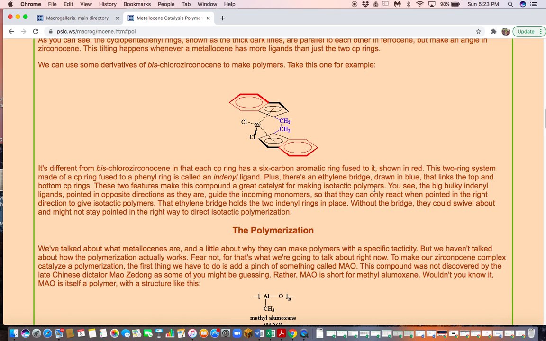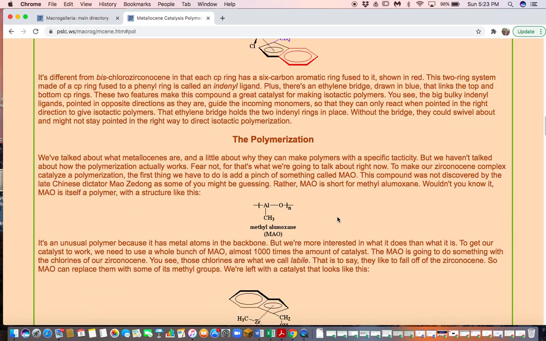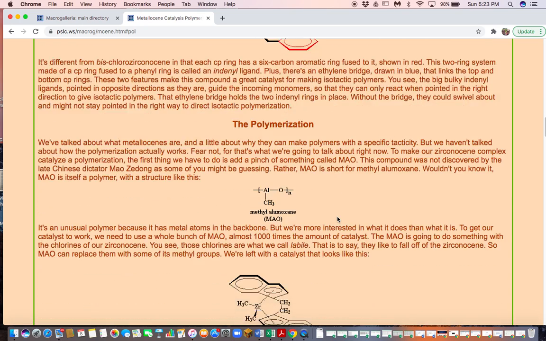All right. Well, the first thing that happens is that we're going to add something that helps things go along called MAO. This is short for methylaluminoxane. MAO is actually a polymer itself. And you can see it's got a bunch of aluminums in the repeat unit that have methyl groups hanging down.